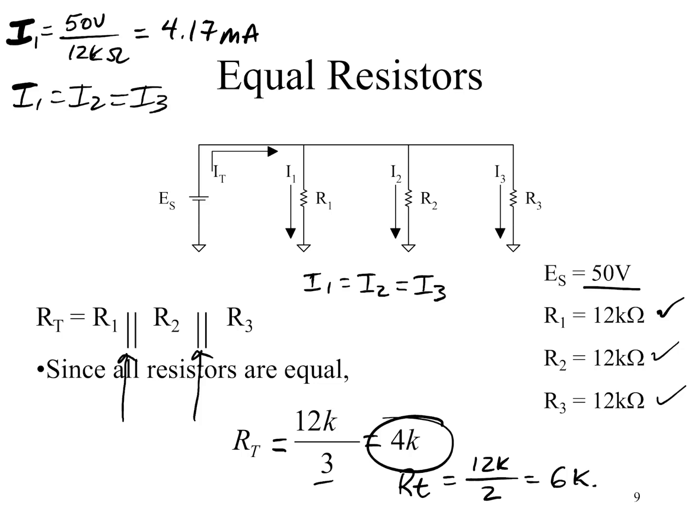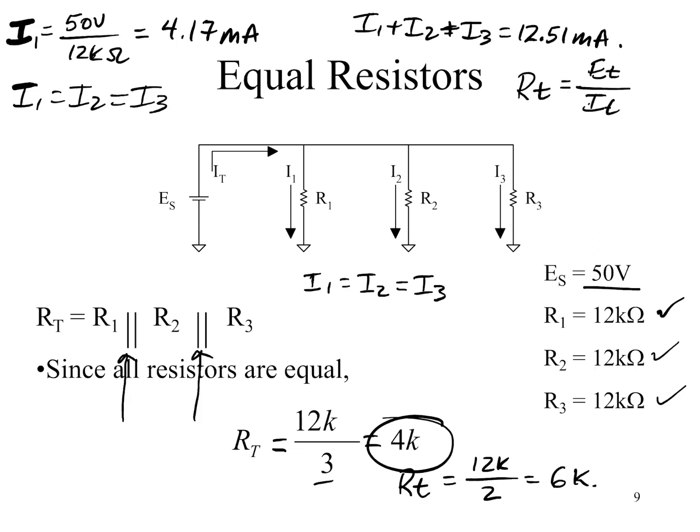So now that means that our I1 plus I2 plus I3 would equal 12.51 milliamps. And now we can say R total equals E total divided by I total.